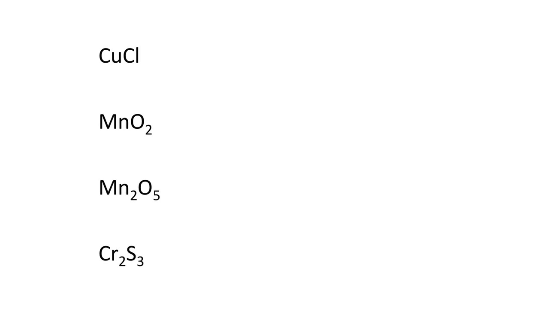Looking at the first one, CuCl. I know that chlorine likes to form ions with a charge of -1. That means in order for this ionic compound to be neutral, the copper ion must have a charge of +1. So the name of this compound would be copper 1 chloride. Moving to the next example, MnO2.